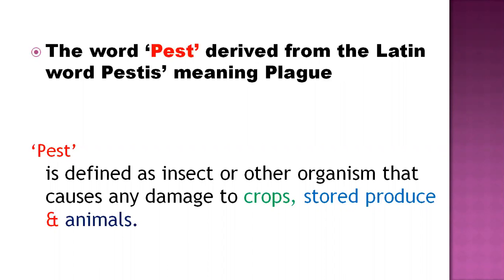A pest is an organism or insect, or we can say other things like vertebrates, weeds, pathogens, that causes any damage to agricultural crops, horticultural crops, including stored grain products and other animals, causing economic damage, and is known as a pest.